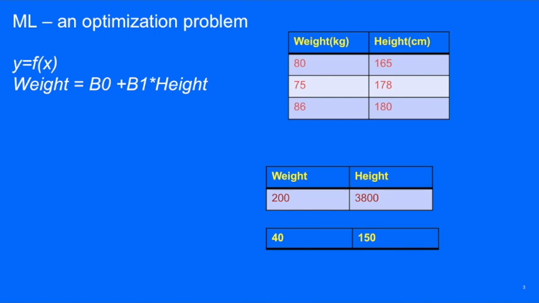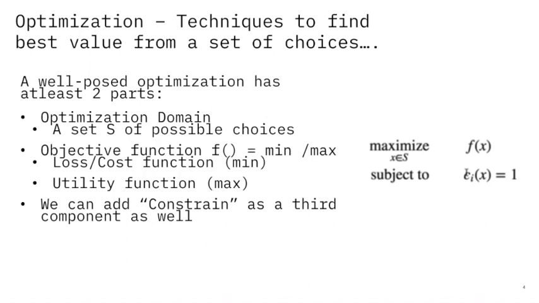Now we'll try to understand the definition of optimization. Optimization by definition says that the objective is to find the function which provides the loss which is minimal, and the function which provides the accuracy which is maximum.